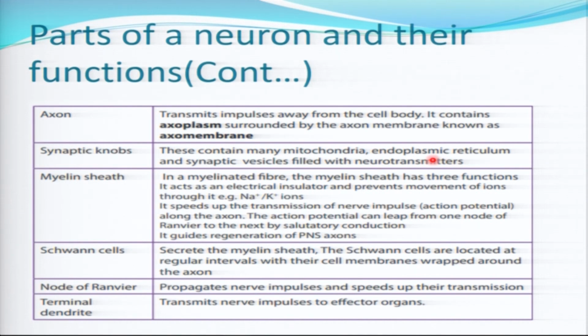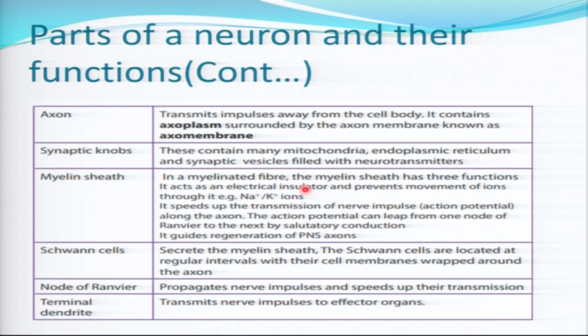Those are the synaptic knob. We have also what you call myelin sheath. Myelin sheath, I will show you on the diagram, it contains what you call myelin, lipids. These lipids act as electrical insulator. So when the message is passing through the neurons, it has to be carried quickly.